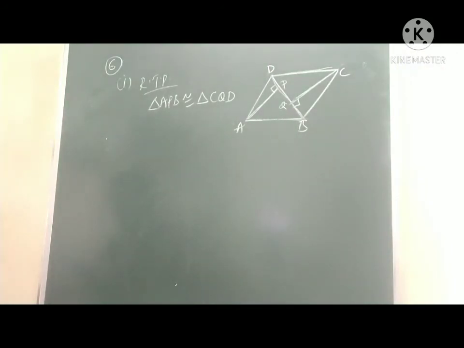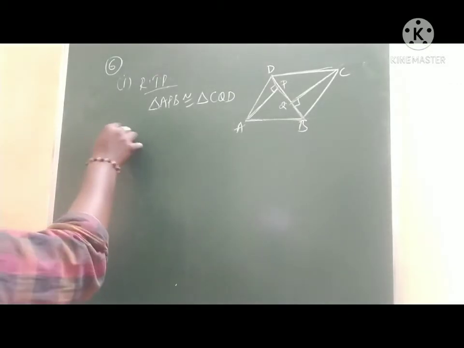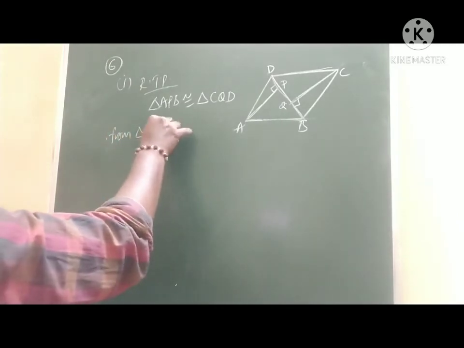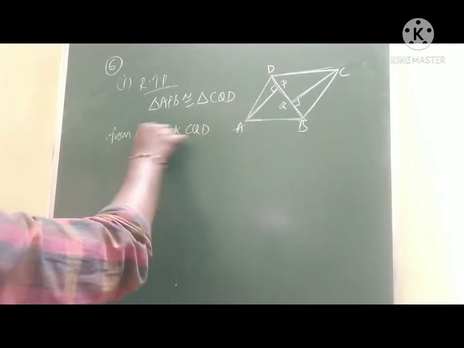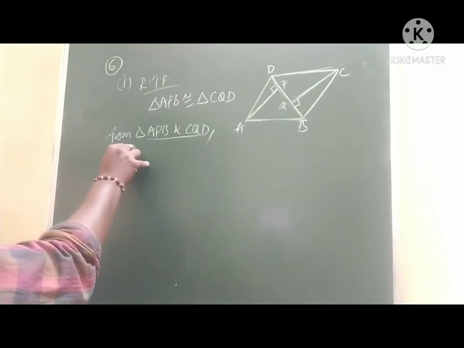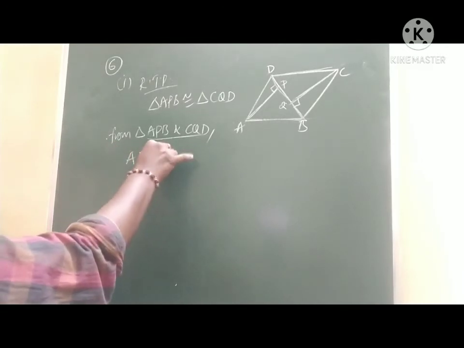Now from triangles APB and CQD, AB is equal to CD. Why?